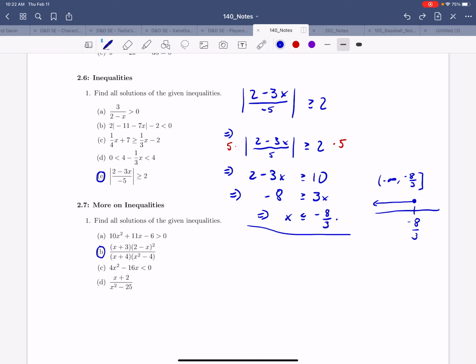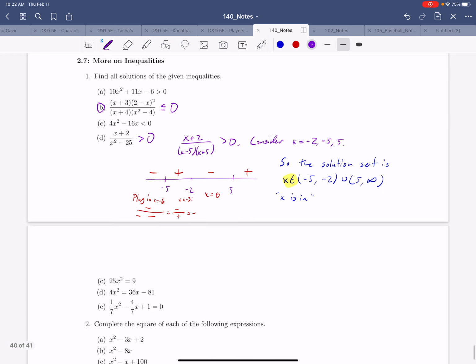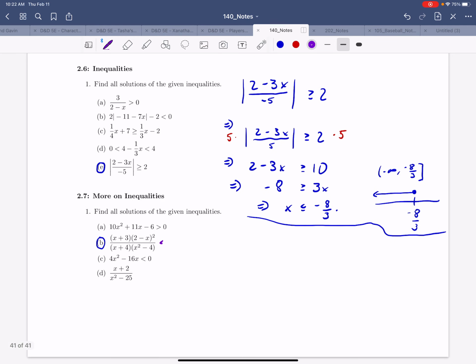Now for 2.7, 1B, see if we've got enough room to do this one. First of all, this one I think was supposed to be less than or equal to 0. Now remember, what we want to do here is identify all zeros in the numerator and also everything that would make the denominator 0.